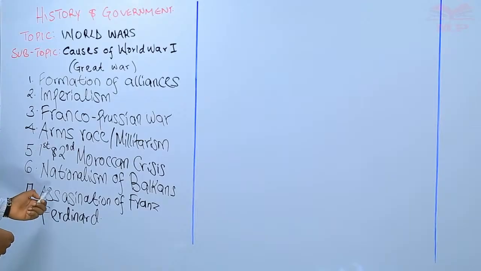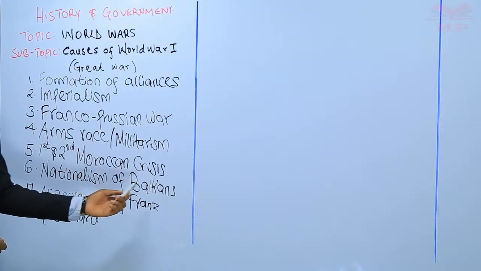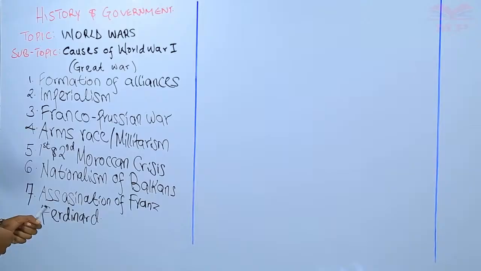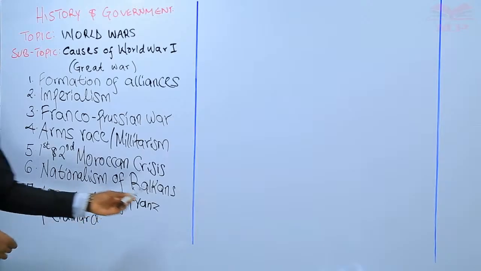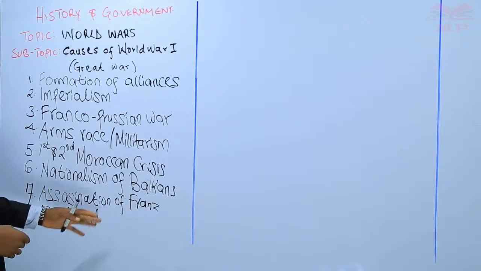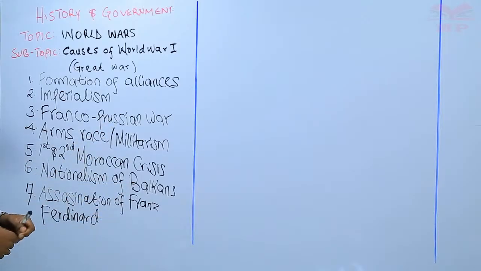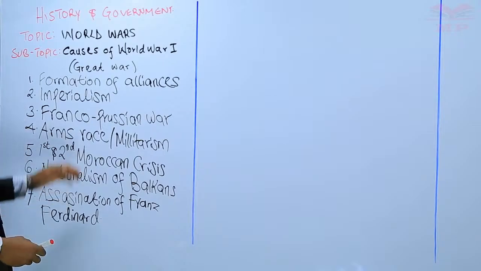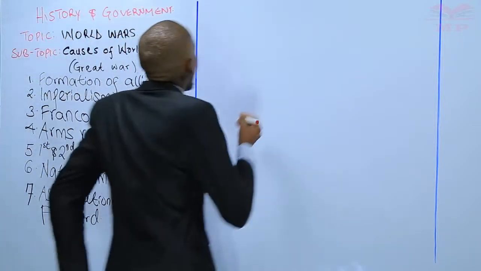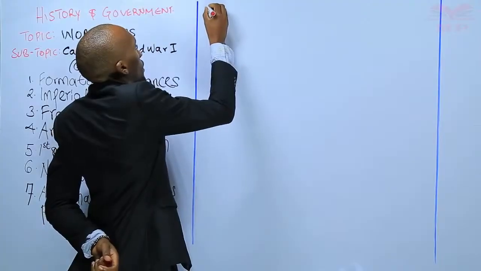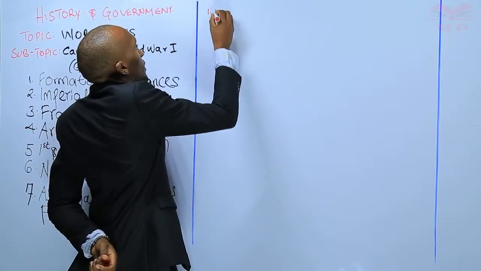And then number six, we have nationalism of the Balkans. And then lastly, we have the assassination of Franz Ferdinand, which is the most important point as we are going to discuss, but let me not preempt it. We are going to come to the very end as we explain what that means. So, my dear learner, let us start by looking at the formation or the system of alliances.